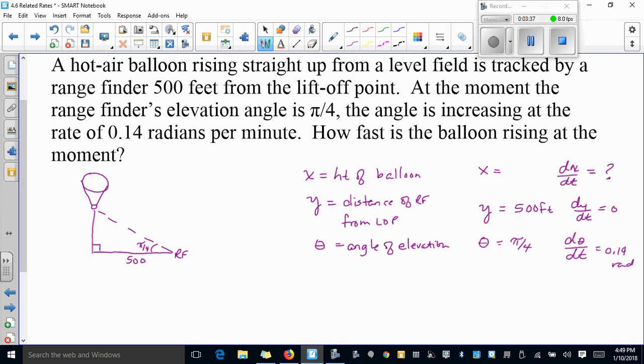I don't need the hypotenuse, which directs me straight to tangent. So tangent of theta is going to be opposite over adjacent. And you can also identify these as being the opposite and adjacent, because this is the height.